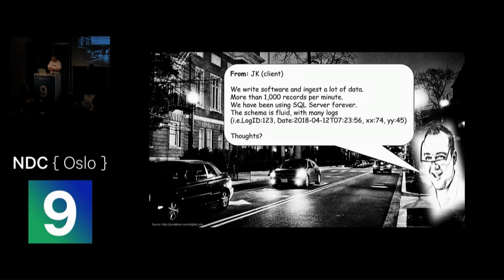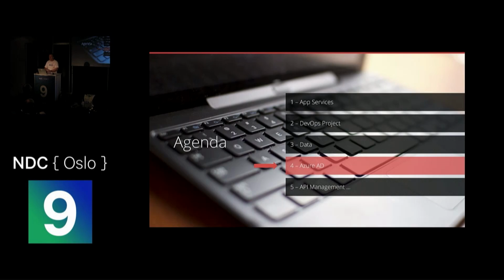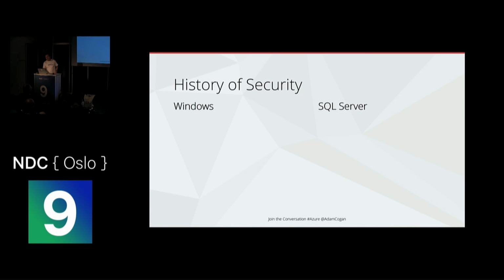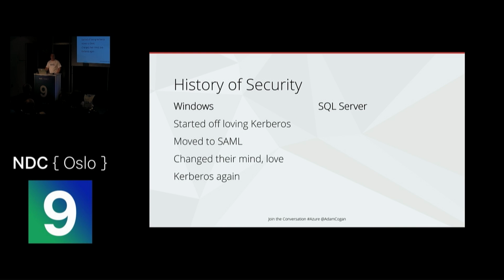So let's jump ahead. And what I'd like to do is talk about Azure AD and security. So the history of security is we started off loving Kerberos and then SAML, and then Microsoft changed their mind to Kerberos again, and now everybody cares about OAuth 2.